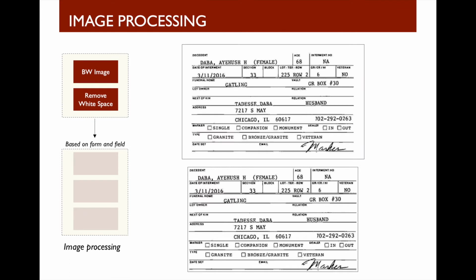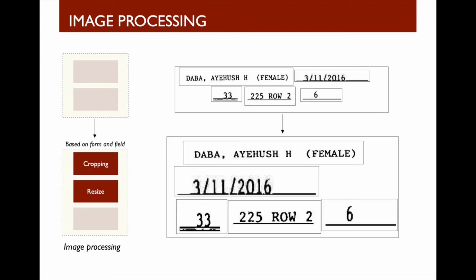Later, we come to the image processing task, which we have divided into 3 parts. Let's start with the basic image processing task, in which we converted all the images to black and white and removed all the white spaces from them to align them all at the same pixel. The second, additional image processing task comprises cropping the images, which involves cropping only the fields which are of importance to us, and later resizing to increase or magnify the size or pixel density.